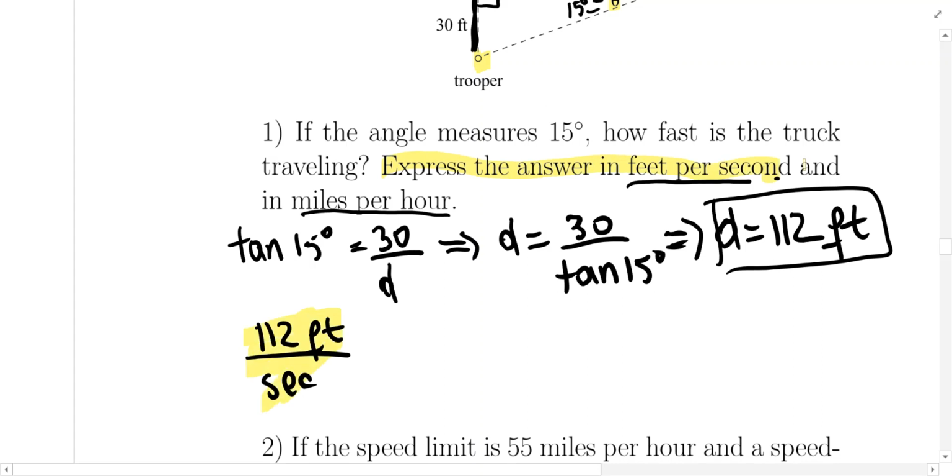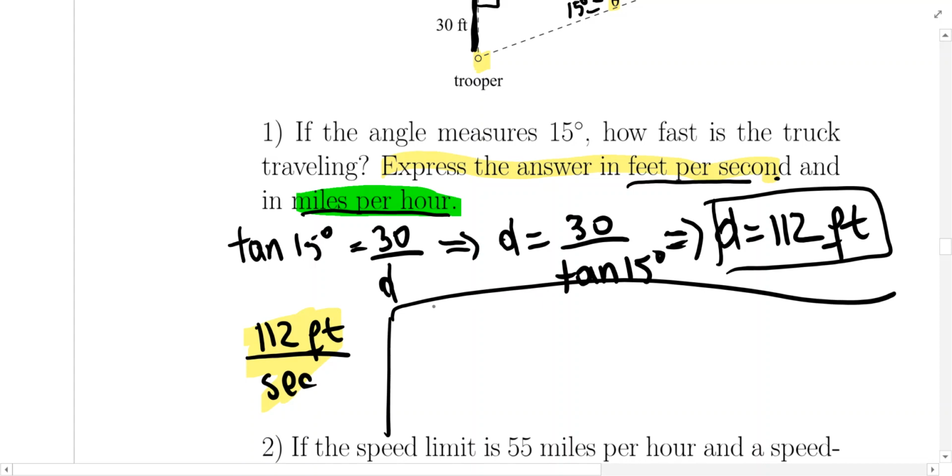But what if we want the answer in miles per hour now? How would we do this? Well, we need to transform the feet into miles and the seconds into hours. So how would we do that? Now, basically 112 feet per 1 second.